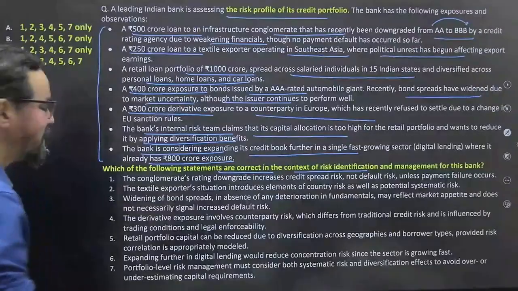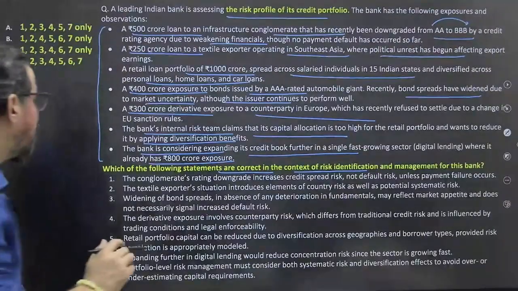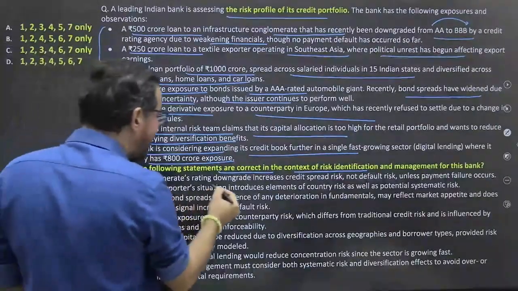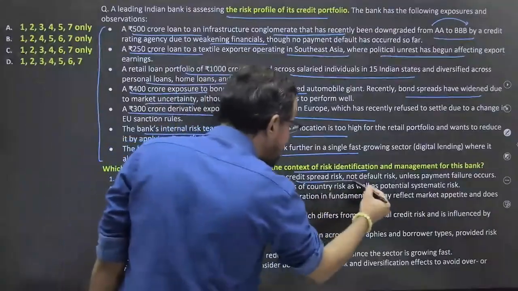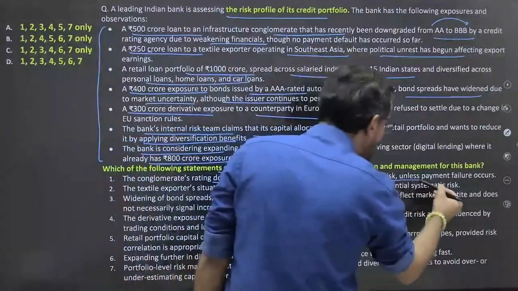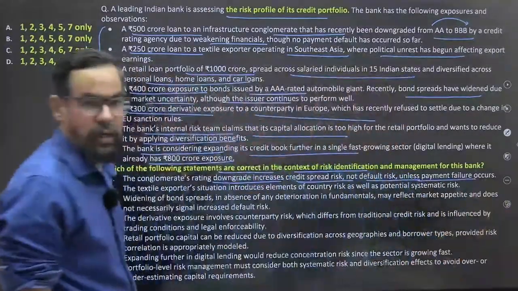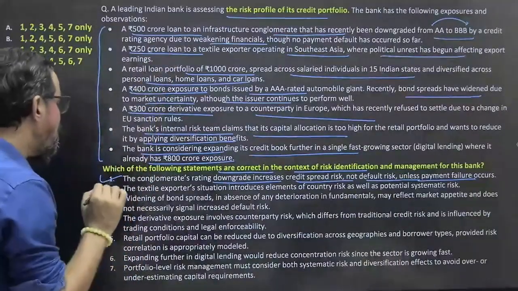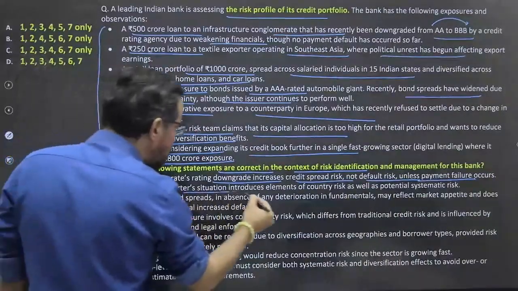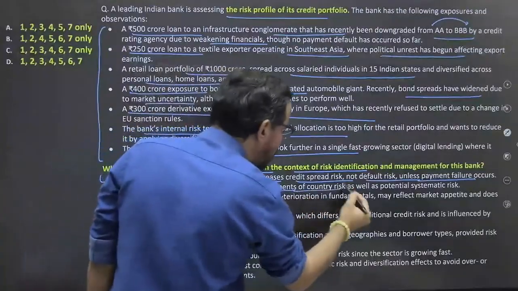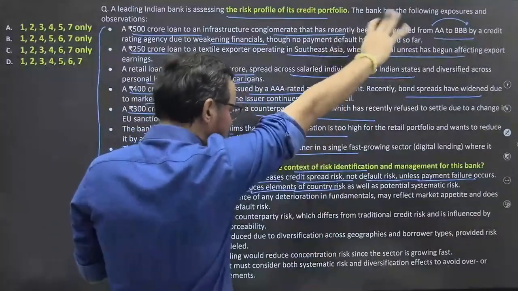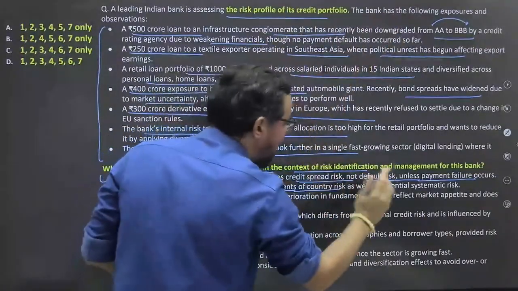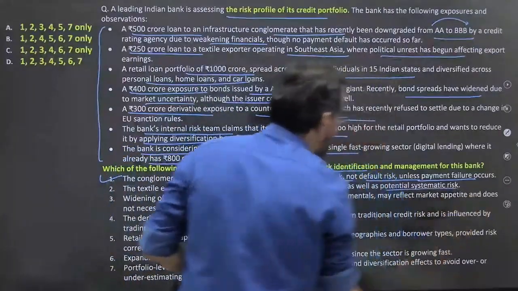So first statement, statement A: the conglomerate's ratings downgrade increases credit risk spread, not default risk unless payment failures occur. First statement 100% true. There is no issue with this particular one. Again, the textile exporter situation introduces an element of country risk because of sanctions imposed by the country as well as potential systemic risk.